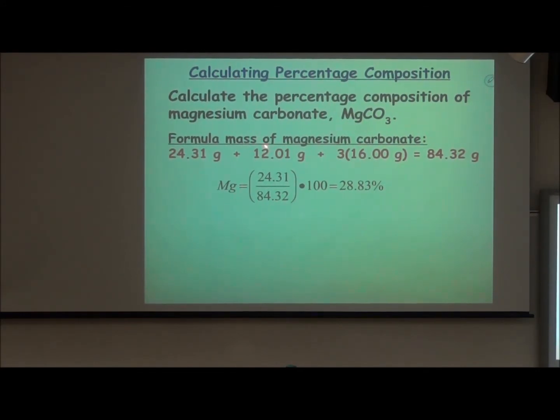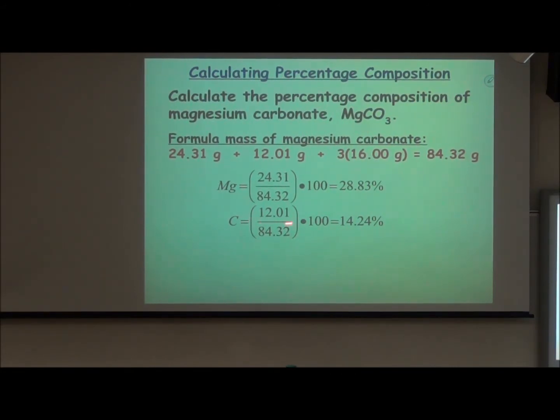The next one we're going to do is our carbon. Earlier in the year, when we were doing this, we did a lot more rounding. In this unit, we're going to ask and encourage you to use more significant figures in your calculations, just so that we end up with better results.